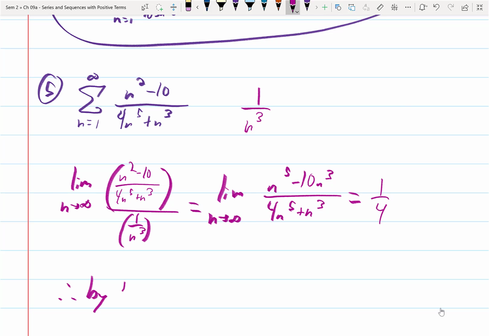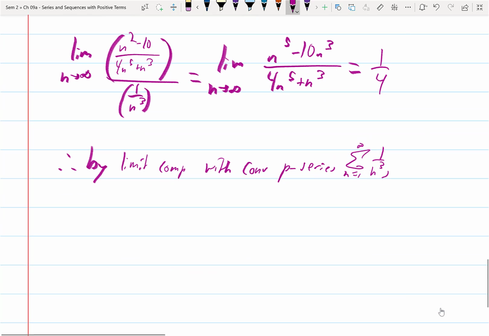Therefore, by limit comparison with convergent P series, the sum from n equals 1 to infinity of 1 over n cubed, we know that the sum from n equals 1 to infinity of n squared minus 10 over 4n to the 5th plus n cubed converges.